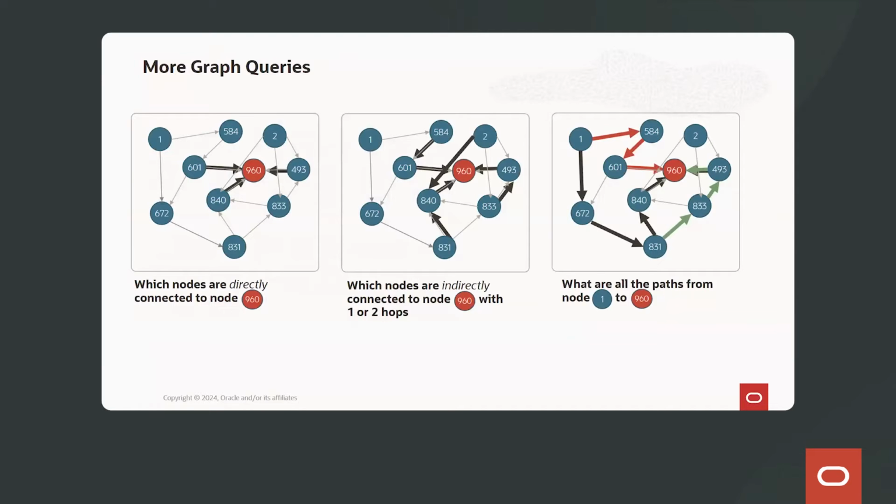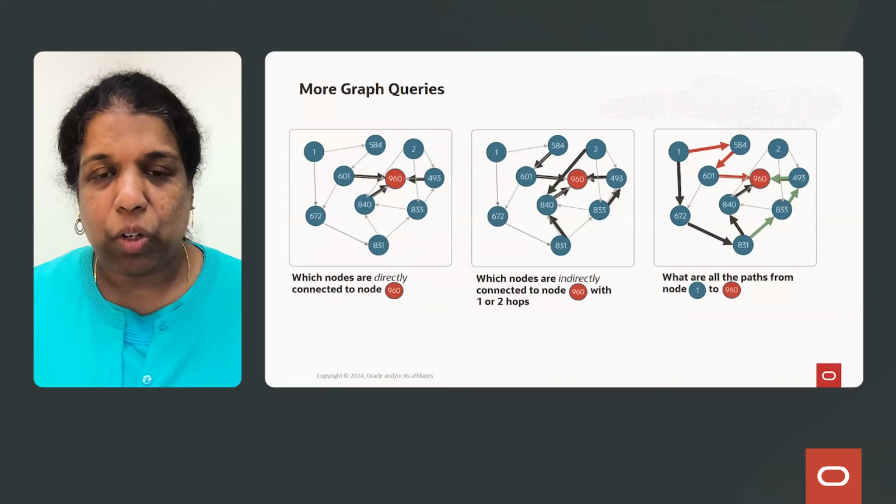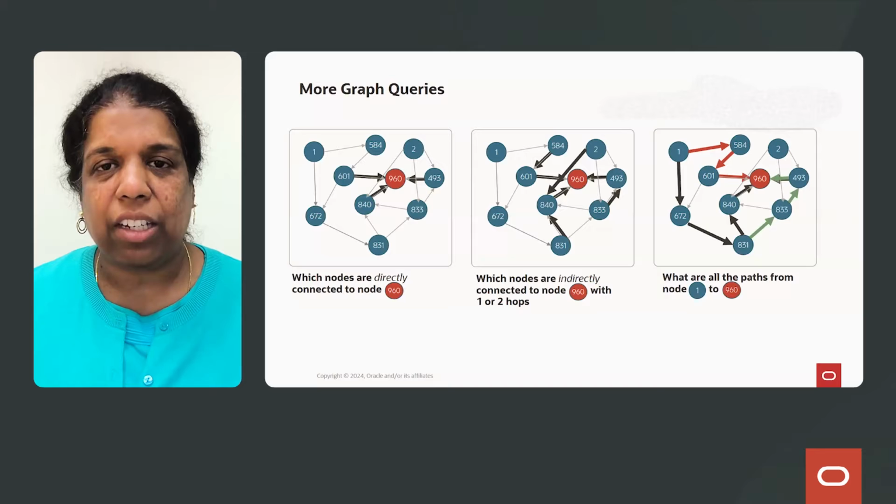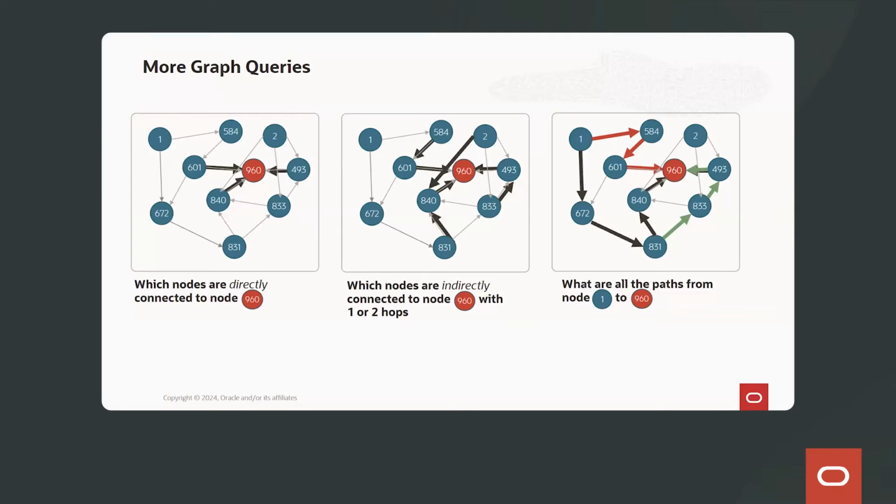For example, you can ask the question, which are the bank accounts connected to account 960 directly? That's the first one. In the second visual I have here, we can ask the question, which are the bank accounts indirectly connected to account 960? These are the types of queries where graphs really shine, because you can find and traverse indirect connections, not just the direct connections.